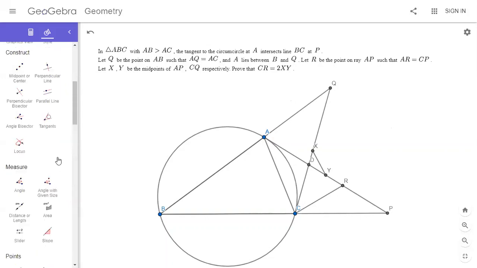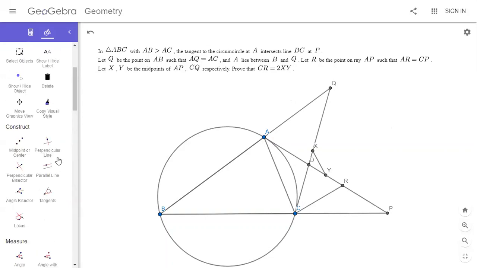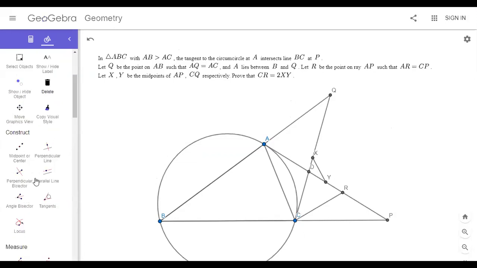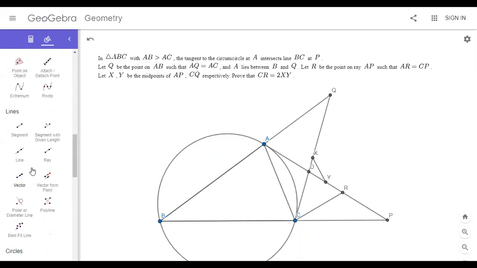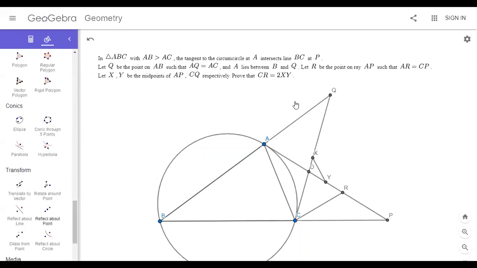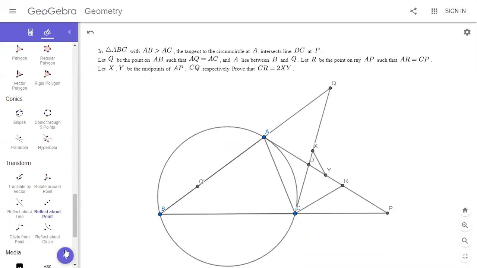Let's define the point on AB for which AC is equal to A in this point. Okay, so that would be like a right angle. So yes. Yeah, okay. One sec. Let's call it Q prime, why not?